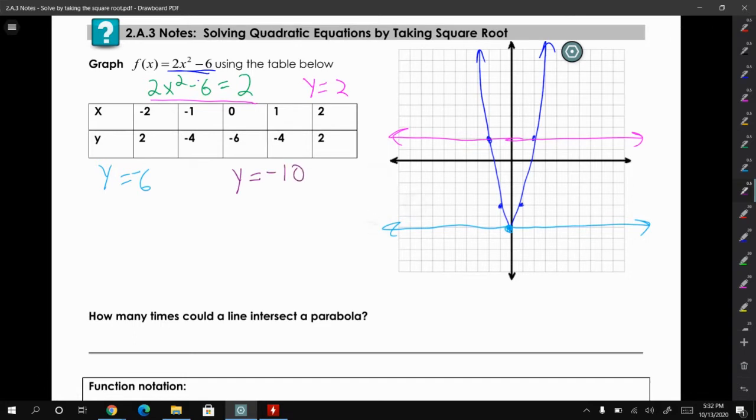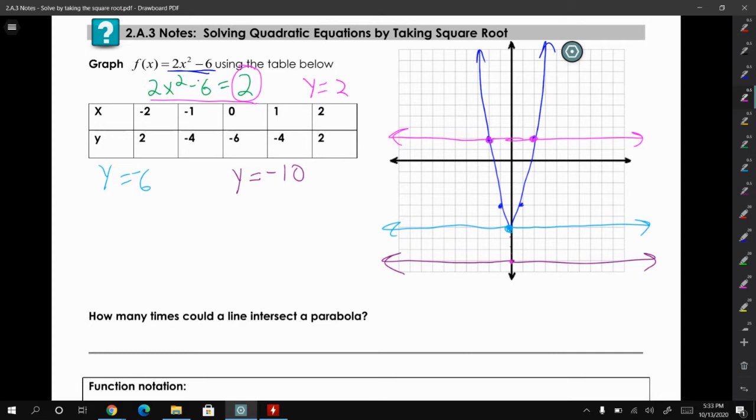Well, 6, 7, 8, 9, 10. So we could have two solutions, these two intersection points. We could have one solution, or we could have no solution. It all depends on what the right side is equal to, what the problem gives us.